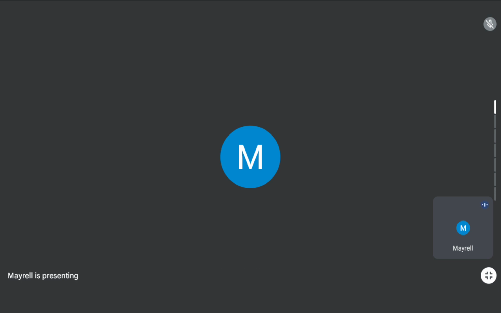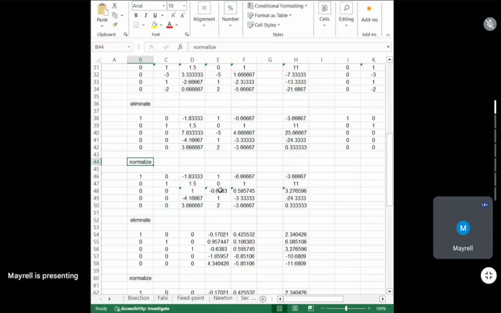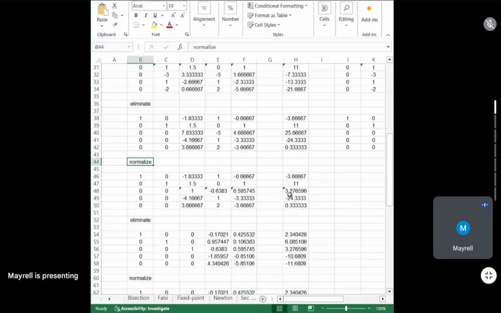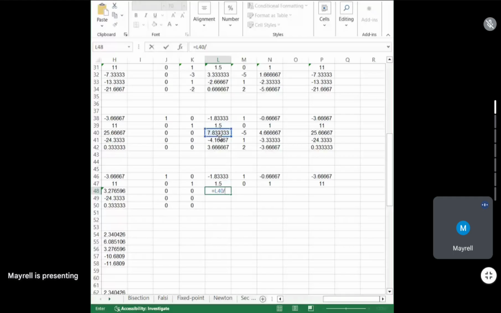So let's start with this in 833. So to normalize them, the element in row 3, we're going to divide them by the element in 833. So this is the 833. So that's in L40. L40.